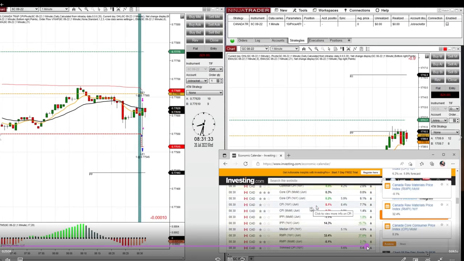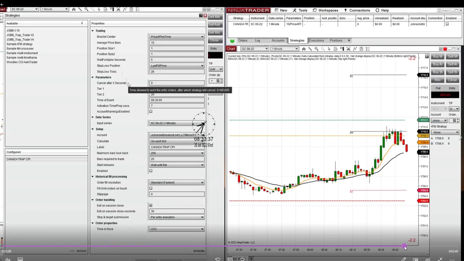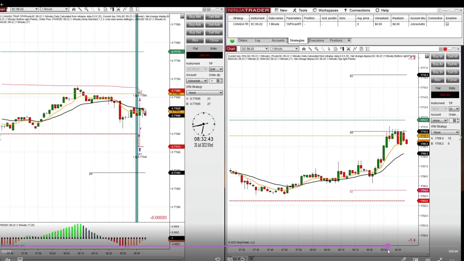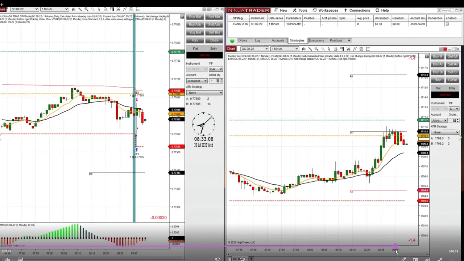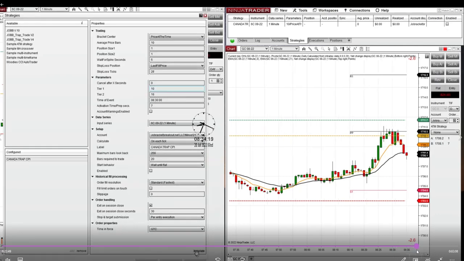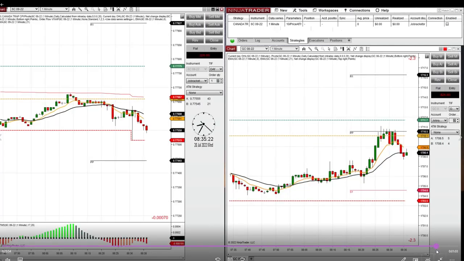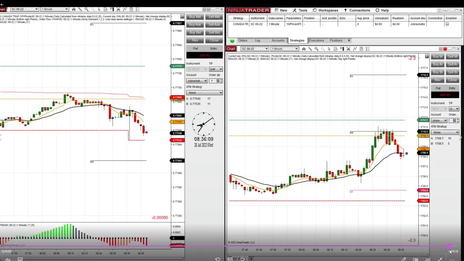See how it reversed pretty well and I jumped out too soon? Very honestly, that particular month, not a huge move.